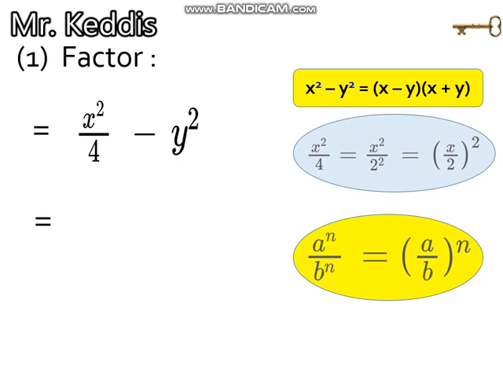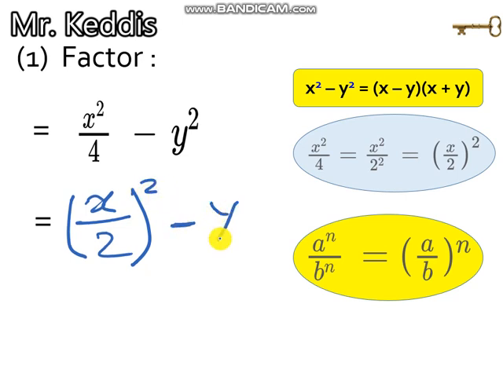To factor x squared over 4 minus y squared, x squared over 4 means x squared over 2 squared, and I can write this as x over 2 quantity squared, minus y squared.